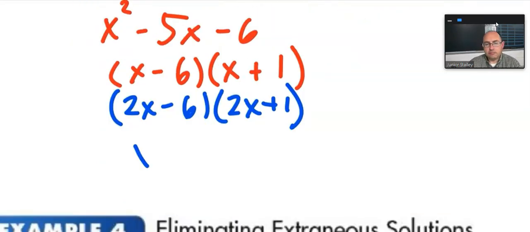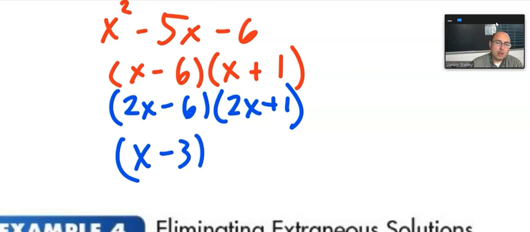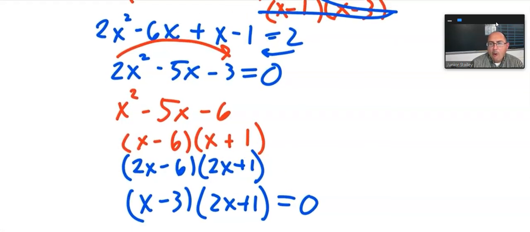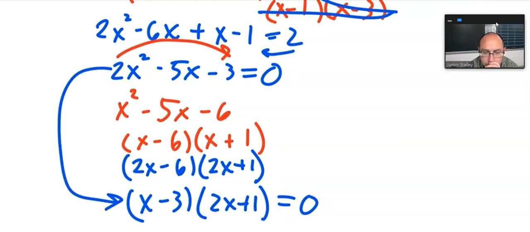So we can pull out a 2 out of this first one, and the second one doesn't have a GCF that can be removed. So you have successfully factored the original problem, right? So this and this are the same. That's the Berry method. Looks like a kind of a double magic trick went on there.